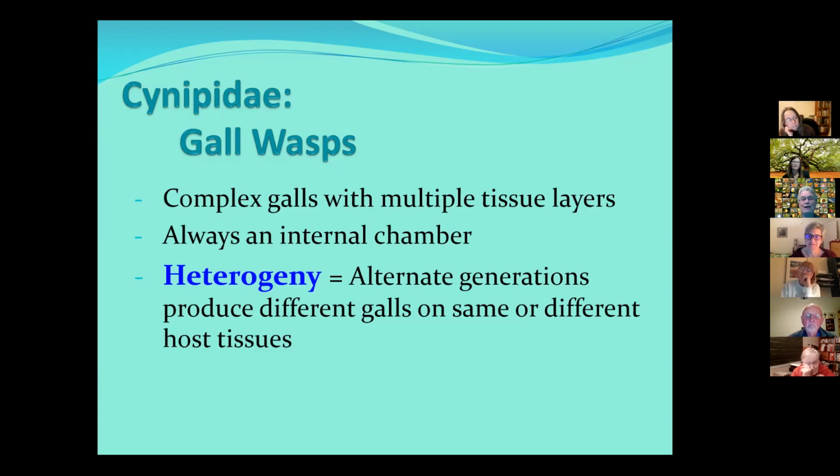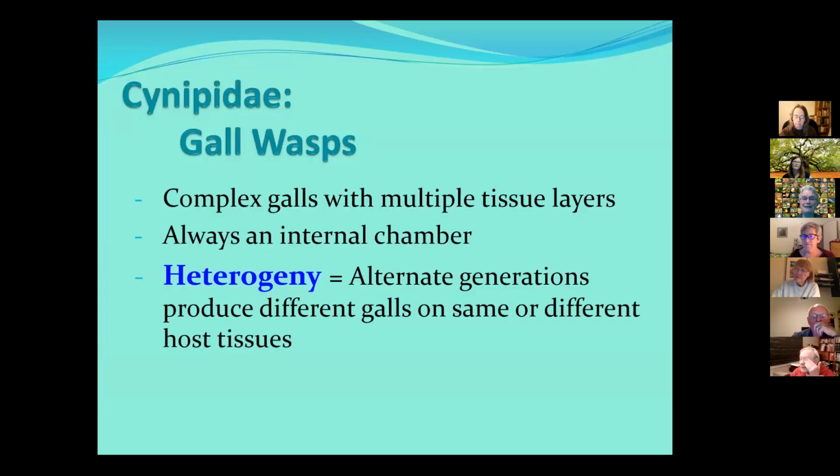We are going to worry about gall wasps, because in cynipids, the alternate generations, which is heterogeny, means you have one generation and then a different kind of generation. The alternate generations actually can produce different kinds of galls and often on different host tissues. And in Europe, on different host plant species, which is really interesting. Okay. Heterogeny, alternating generations.